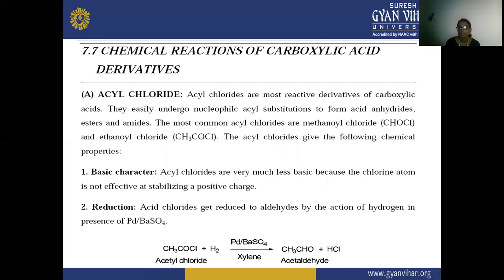The most common acyl chlorides are methanoyl chloride, that is HCOCl, and ethanoyl chloride, that is CH3COCl, and the acyl chloride gives the following chemical properties.